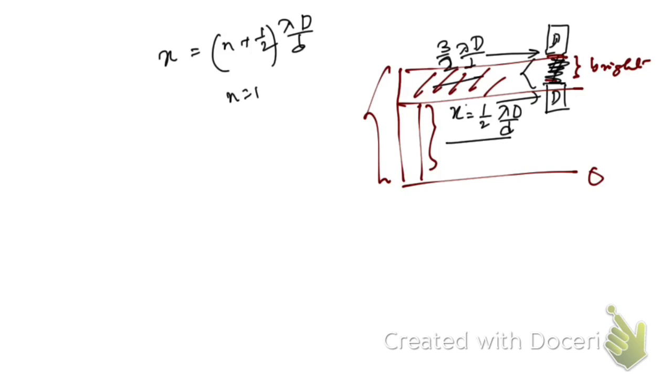So now you see, the width of a fringe we can write like this. Fringe width beta is equal to xn minus x(n minus 1). Let me take the formula of the bright fringe.